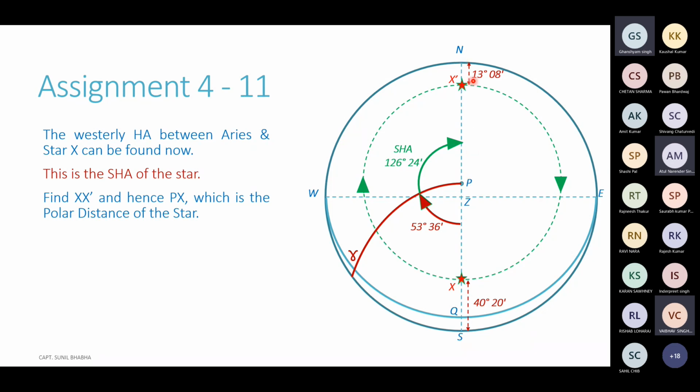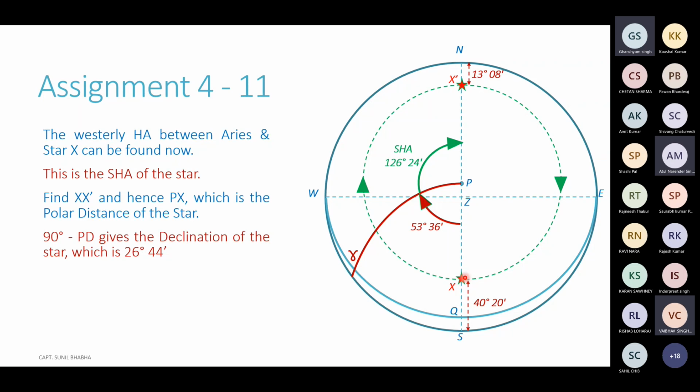Now, if I subtract 13°08' NX dash and SX 40°20' from 180, I can get the diameter of this particular circle. So 180 minus 13 degrees 08 minutes minus 40 degrees 20 minutes gives me the diameter of this circle, which is XX dash.